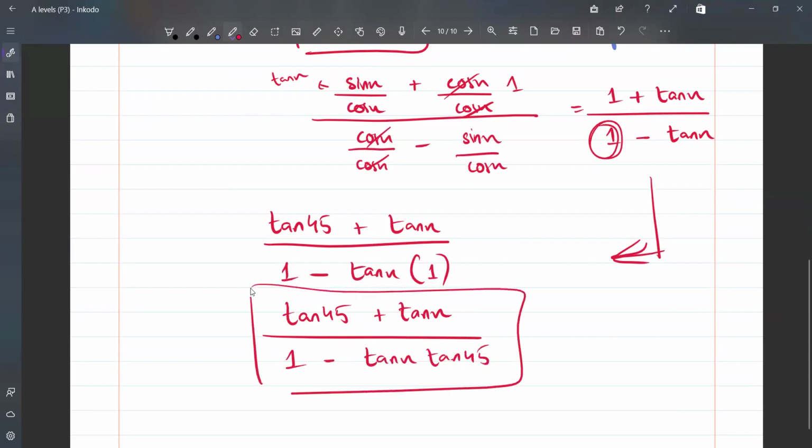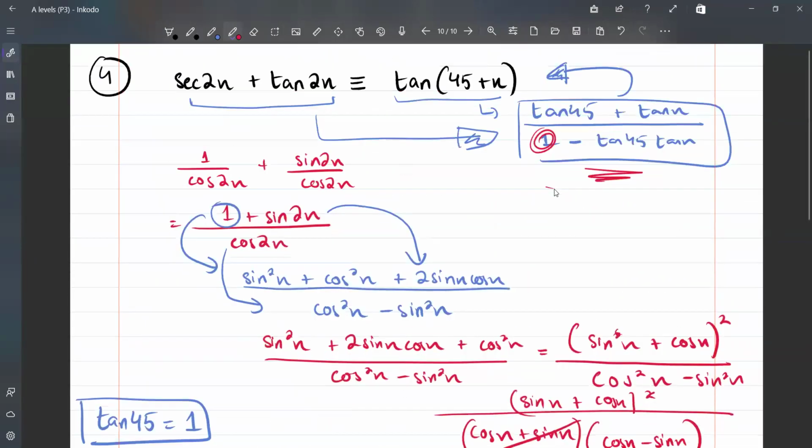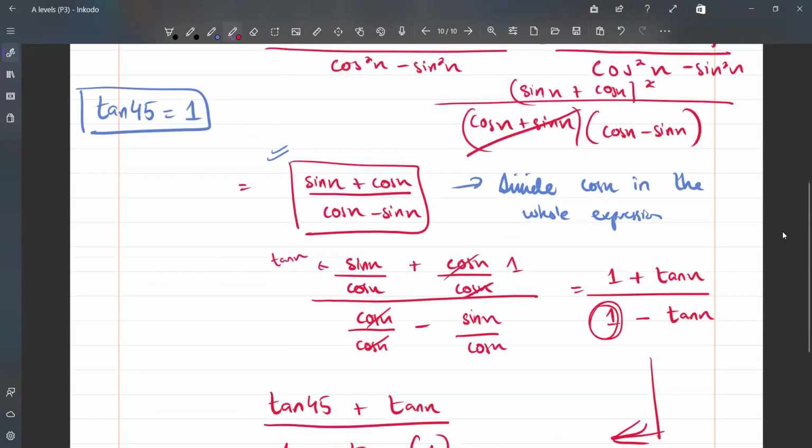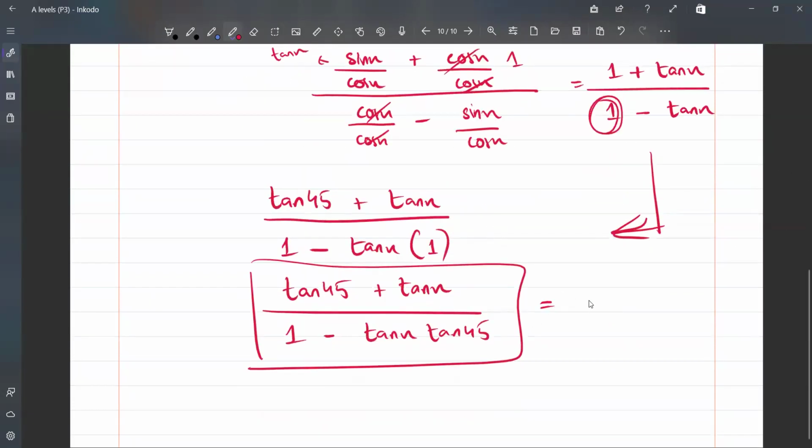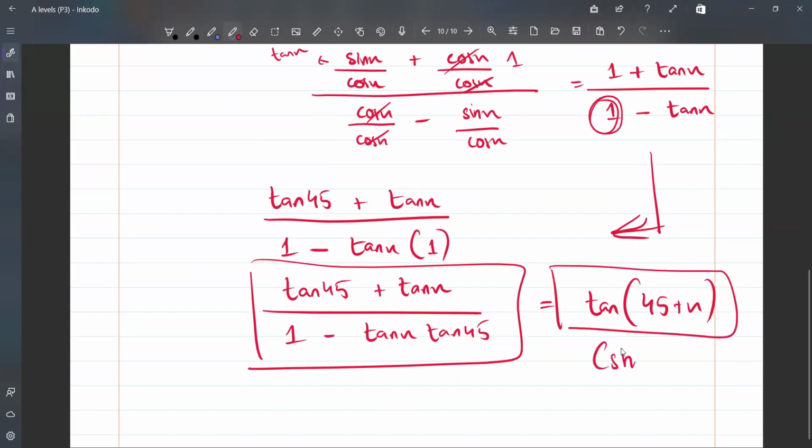Now notice that this now equals this. All right. So now we can safely apply the identity tan 45 plus x. And thus we have shown it.